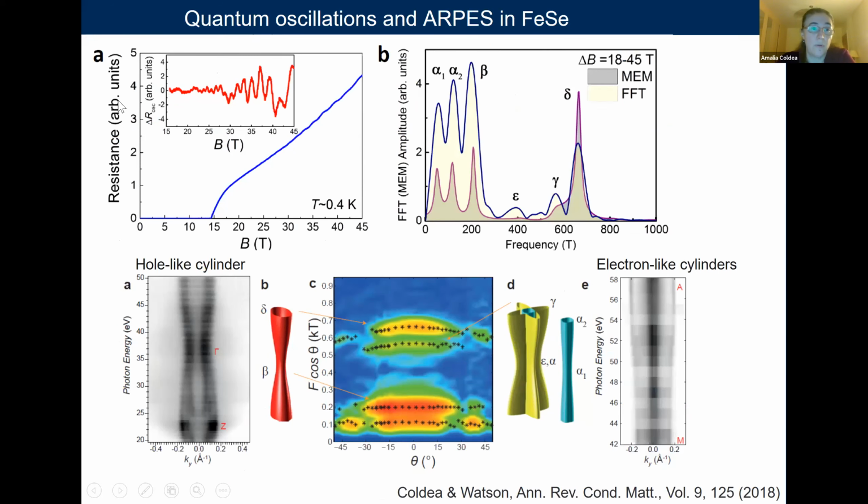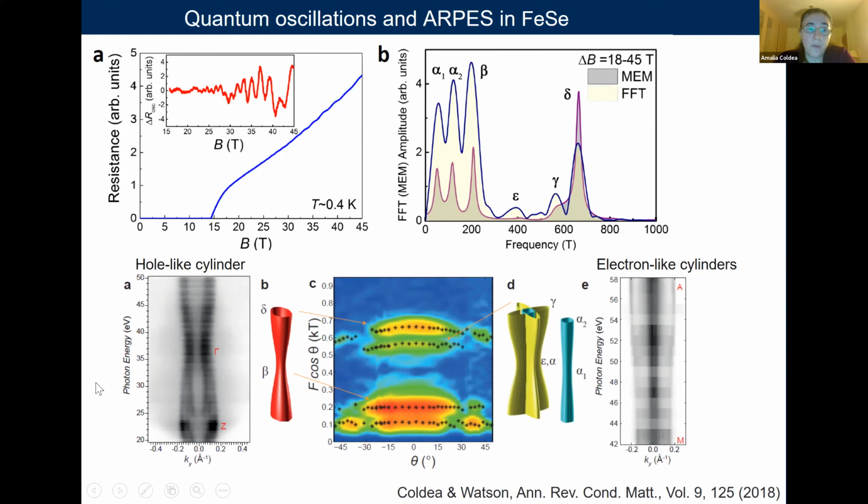So here is an example of what quantum oscillations look like. We measure resistance in an applied magnetic field. We need extremely high fields to get over the upper critical field, and in the normal state we see quantum oscillations. We Fourier transform this and have a complex spectrum of features, and today I'm going to focus mainly on the highest frequencies.